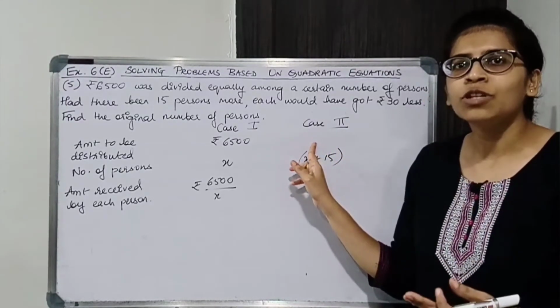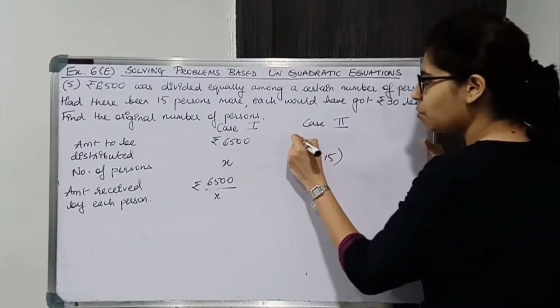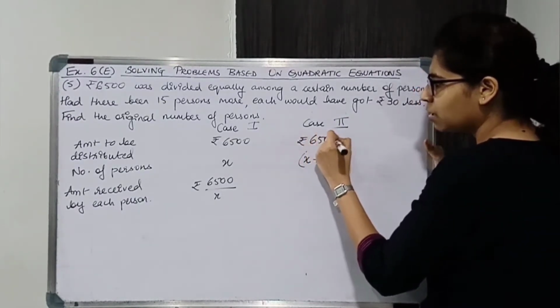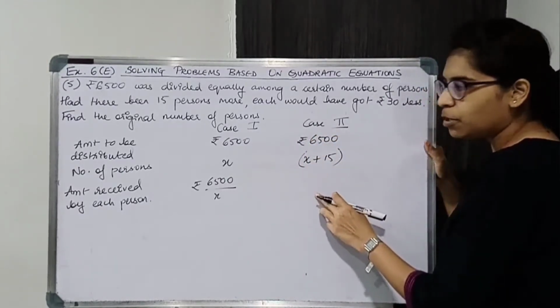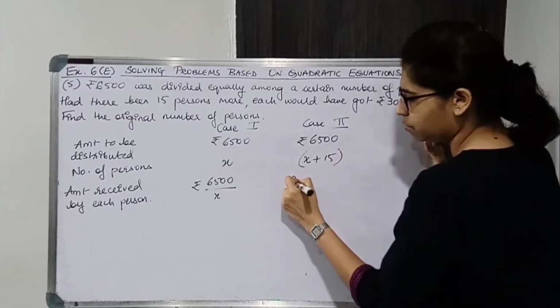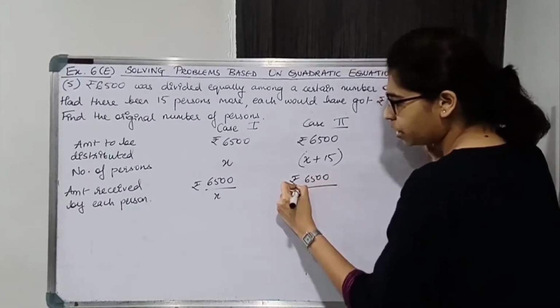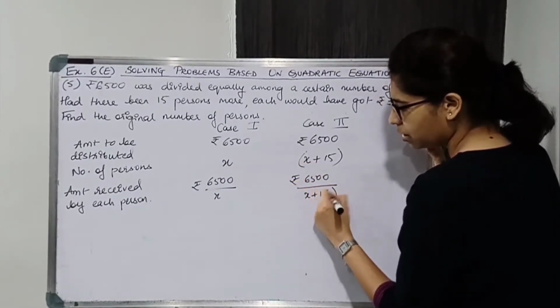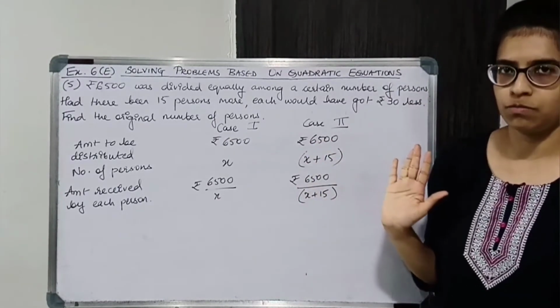They have not, because we are distributing the same amount among more people. So what will be the amount received by each person? Again total amount upon number of people. So 6,500 distributed among x plus 15 people, every person will get this much.